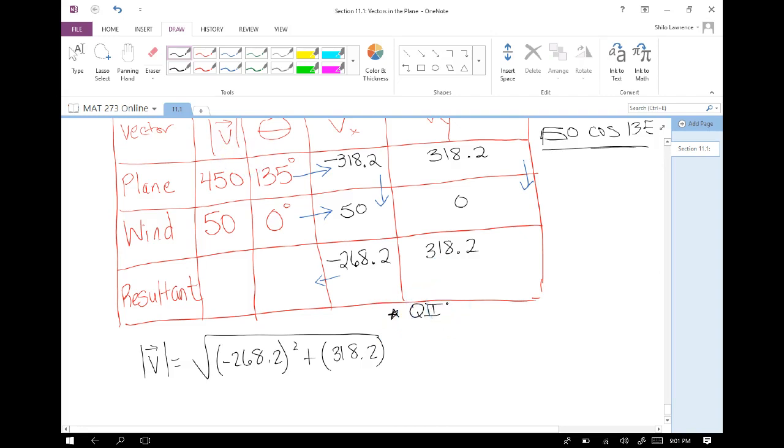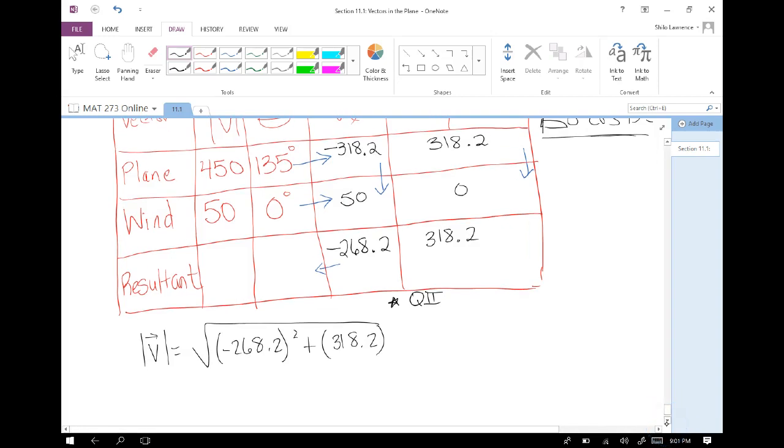You can't always trust exactly what your calculator tells you. You need to use the information from the calculator to get the answer into the format that you need. But I am going to do tan inverse in order to get theta of my y component divided by my x component.